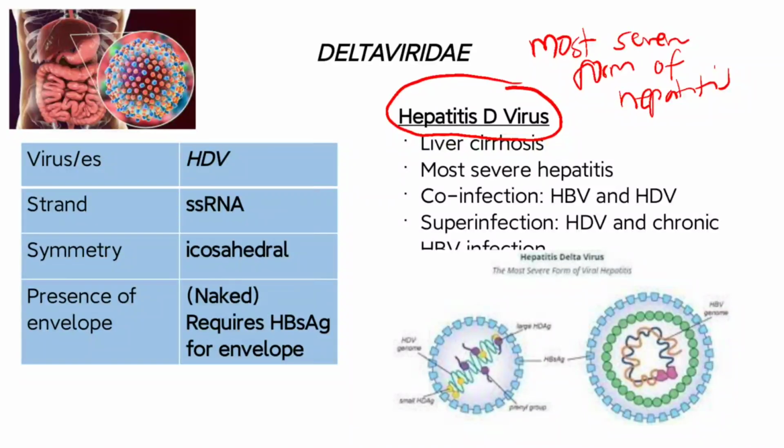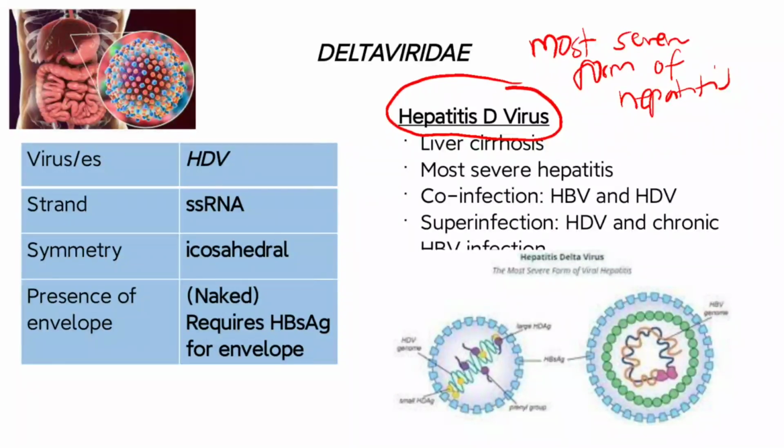So, it would cause liver cirrhosis. And syempre, eventually, magsha-shutdown na yung mismong liver mo. It requires liver transplant, no? So, ganun na siya kalala. Meron tayong dalawang klase ng infection from the hepatitis D virus.